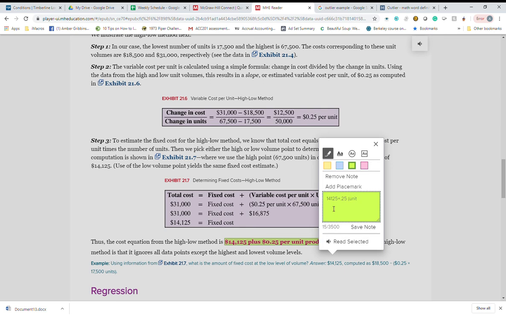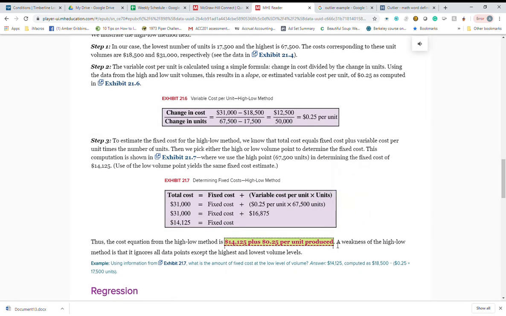Now, next month, when you go to predict your total cost, which is a very important thing, you can figure out how many units you're going to produce, plug this in, and have a cost equation that you can use to predict how much your total expenses are going to be for that month as related to production.